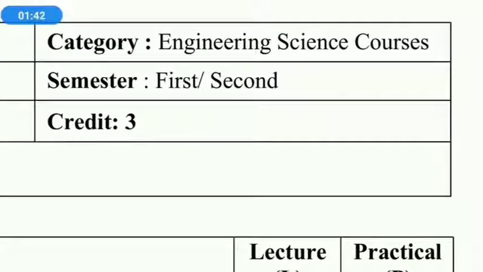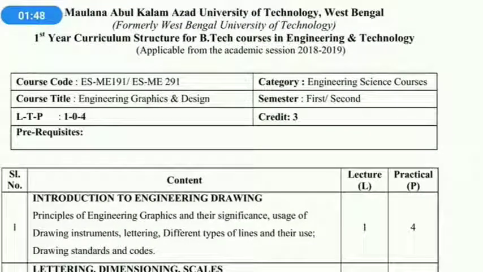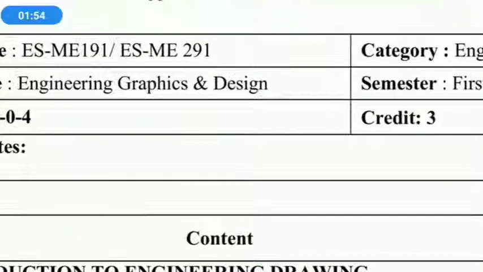It comes under the first semester, and it also comes in the second semester. In the first semester it is known as ES-ME191, and for the second semester the code will be ES-ME291.